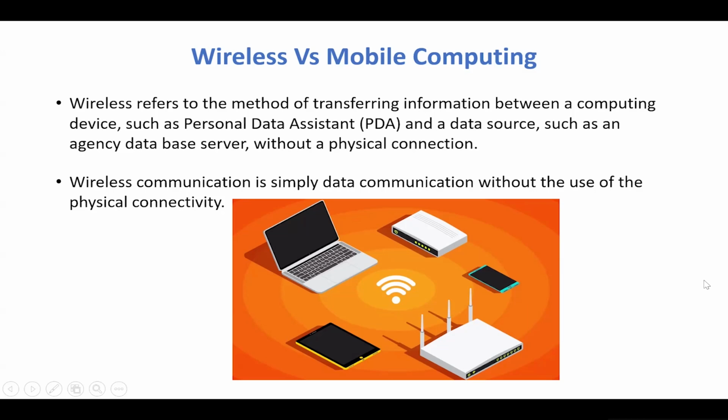In today's session, we will be talking about wireless as well as mobile computing. All right. So what is this wireless and mobile computing? Wireless refers to the method of transferring information between a computing device, such as a personal data assistant, we call it a PDA, and a data source, such as an agency database server, without a physical connection.